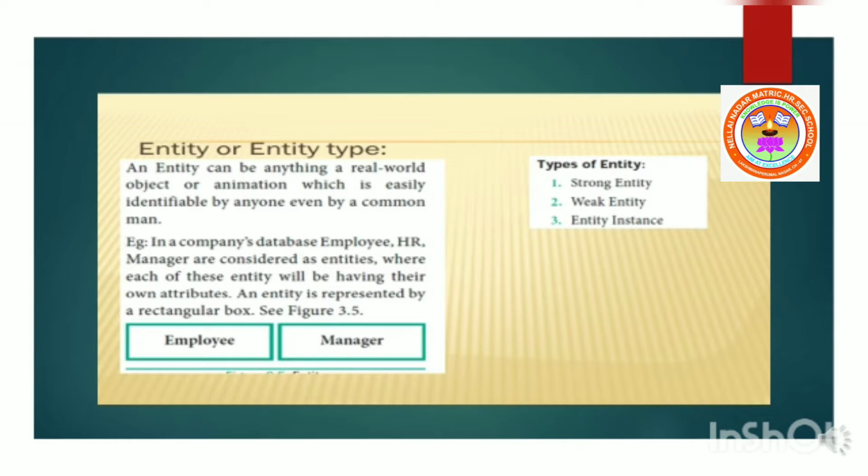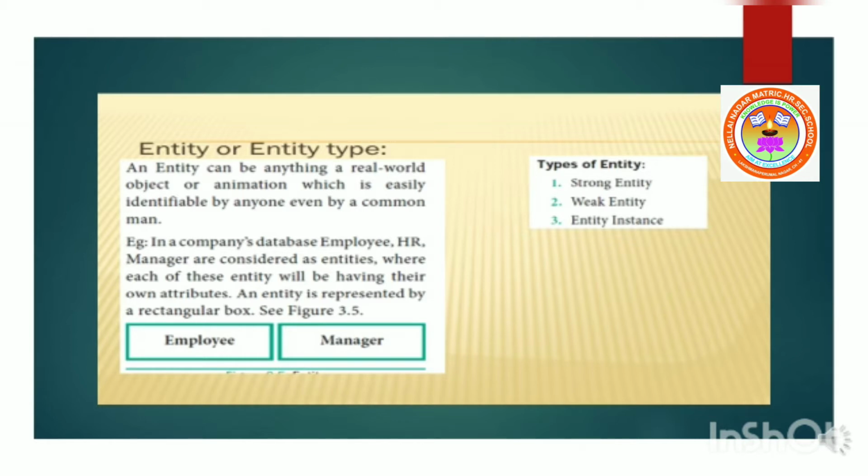So each and every person, employee is a person, HR is human resource, manager is a person. These persons are considered as entities, where each of this entity will be having their own attributes. An entity is represented by rectangular box. As I said, one entity can have many attributes, like a salesperson can have name, age, like that.